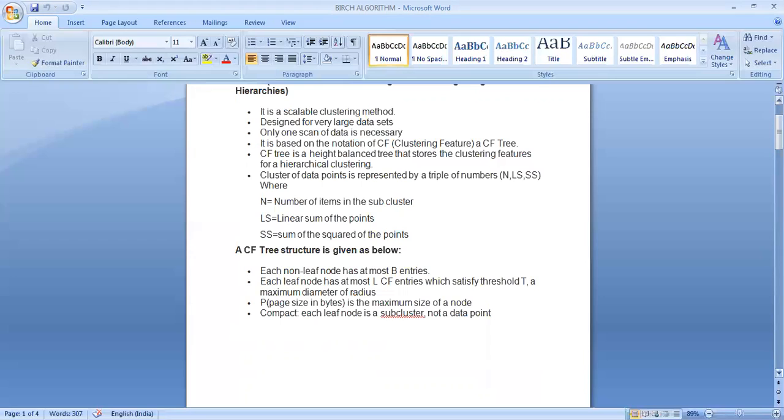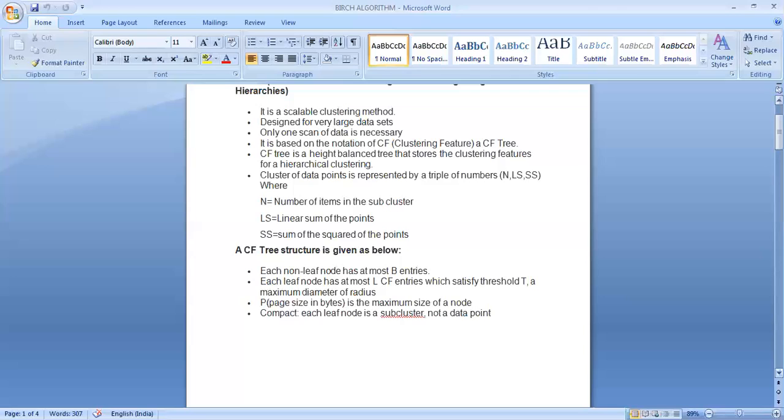Similarly, the leaf node cannot hold more than L clustering feature entries. It also has a limitation that its diameter cannot be more than T. It means it cannot store the same kind of data more than T number of times in a single cluster.